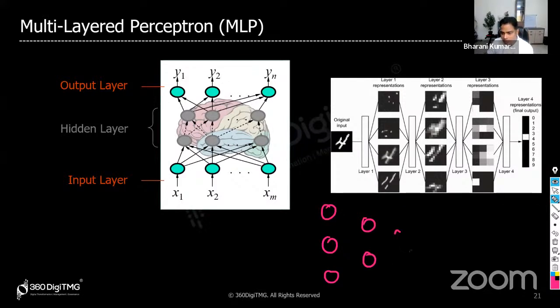Say you have your input layer, hidden layer and output layer. The usage of activation functions within the neuron is to ensure that the nonlinear patterns are captured.